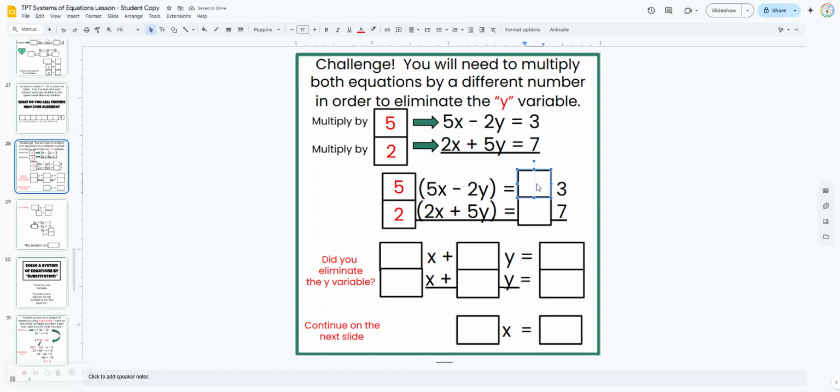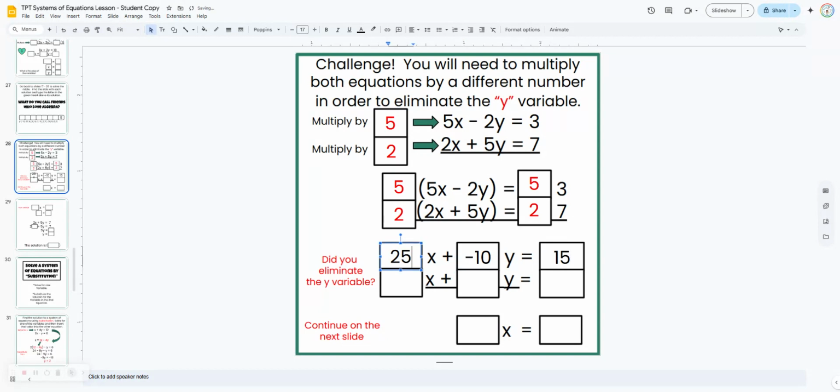I'm going to multiply every term in that first equation by 5 and every term in the second equation by 2. So here I'm distributing the 2. I'm going to end up with 25x for the first equation, negative 10y equals 15.